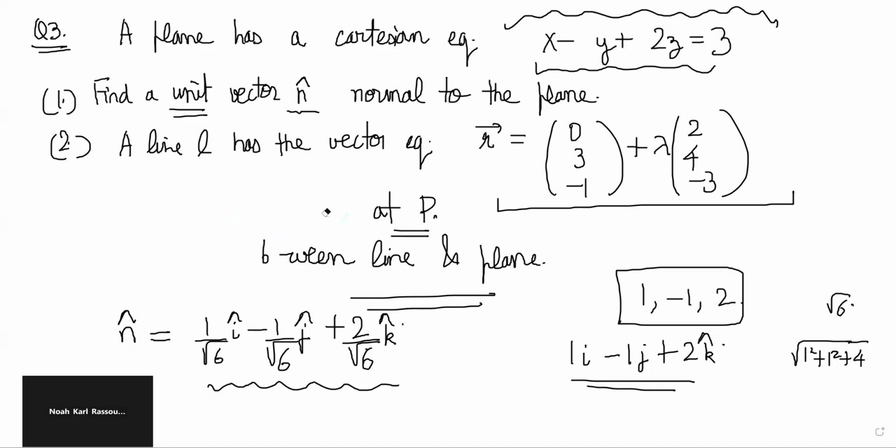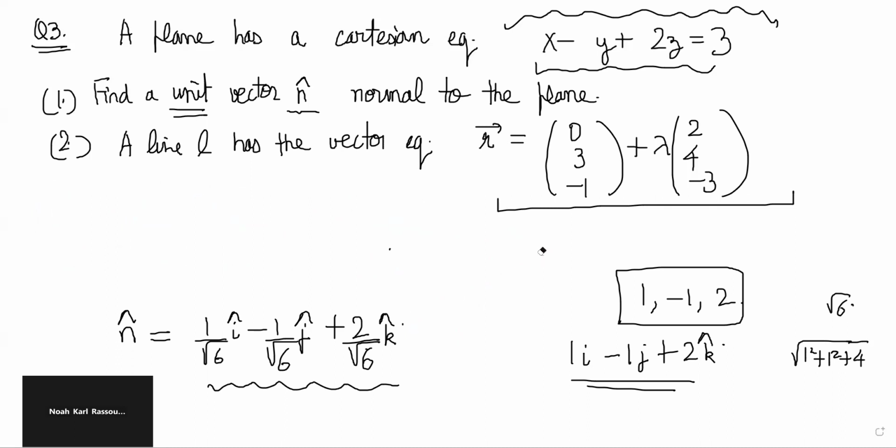The meaning of the line should be clear the way it has been written. It means that it passes through this point and it is parallel to this vector. It is like A vector and lambda B vector. The line is passing through A vector and it is parallel to B vector.